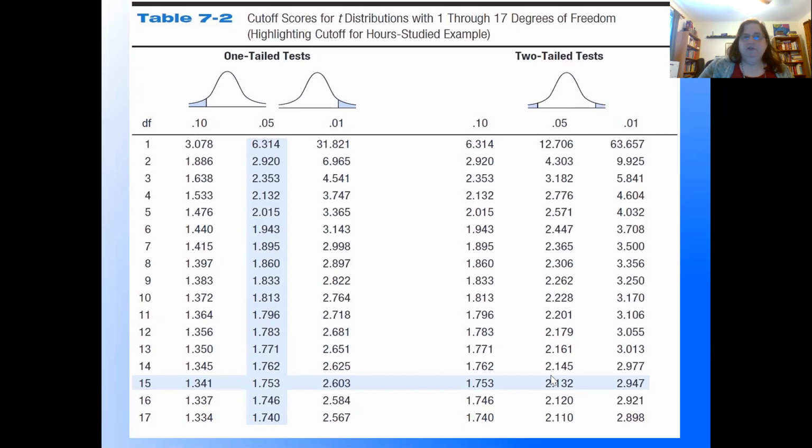And finally, we have to recall our df, which was 15. We're right here in this little blue shaded area on the right side. 2.132. That's the number we're trying to beat.